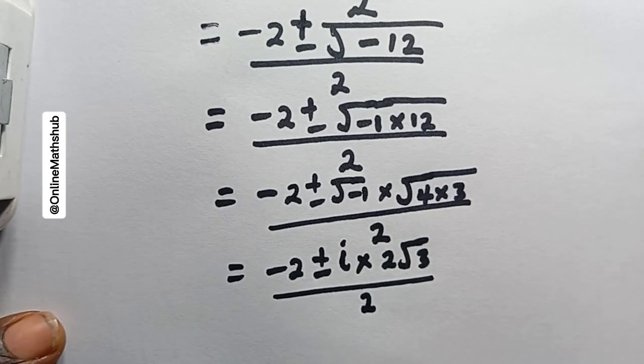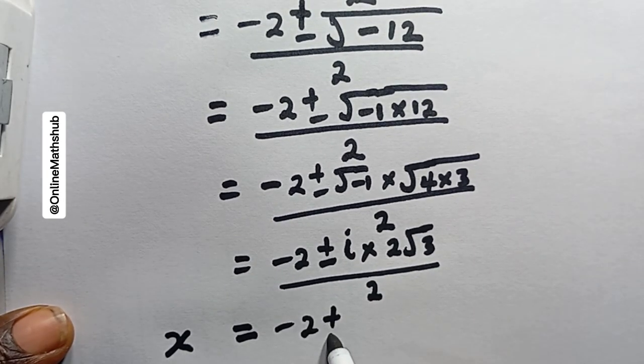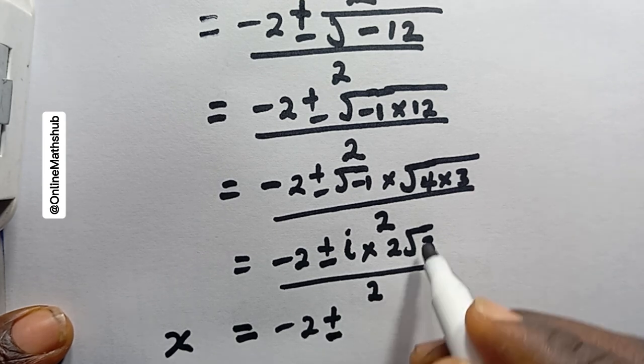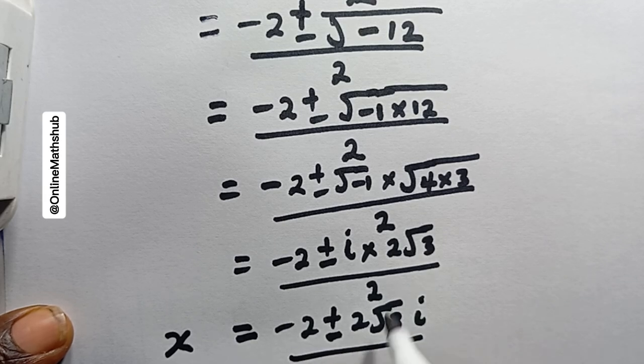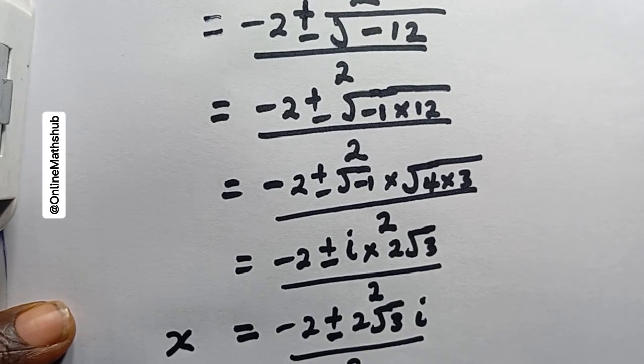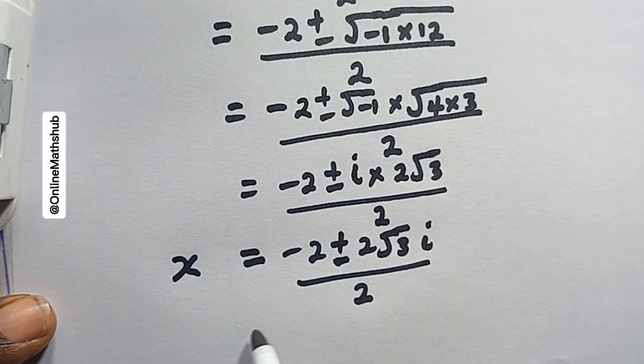So if I write this, what I'm going to have is that x is equal to minus 2 plus or minus, I'm going to write this first, 2 root 3 i, and then divided by 2. And since 2 is common for all of it, I'm going to factorize 2 out.